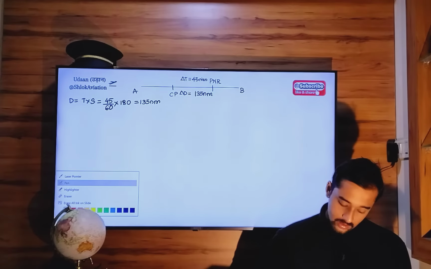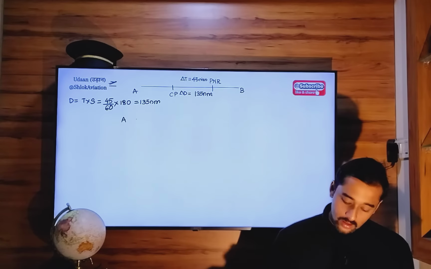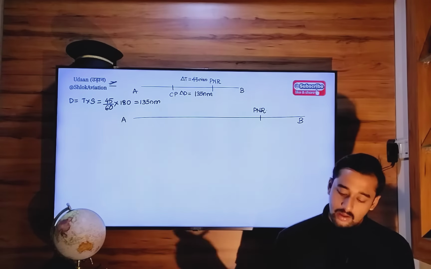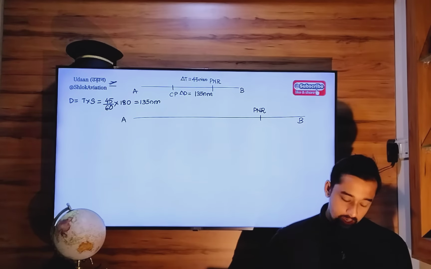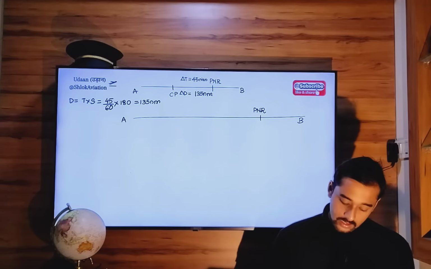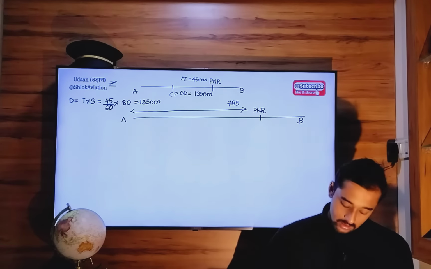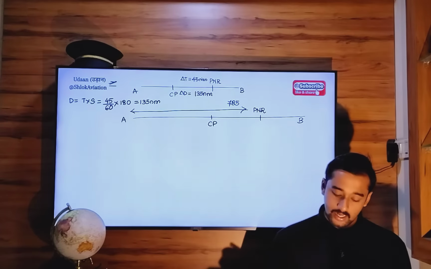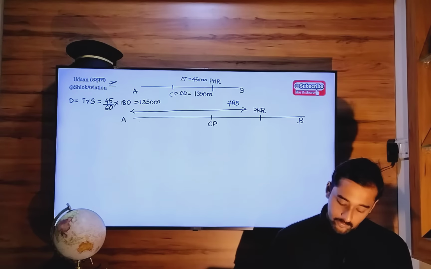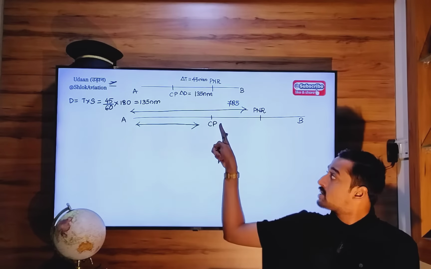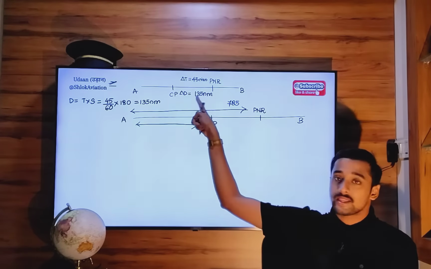Now we all know that the distance between departure and PNR is 785. So the distance between A, that is departure, and critical point will be equal to 785 minus this part, which is 135.